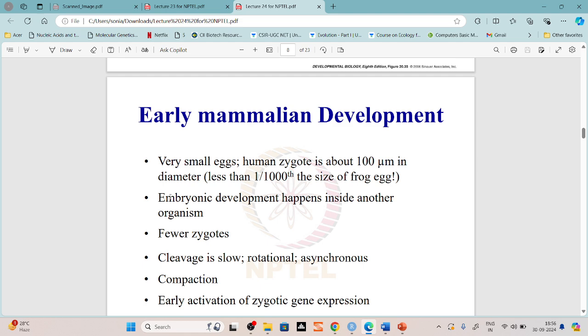In most of the cases we studied earlier, development happened outside after fertilization, but here development happens inside the organism, and only after the fully developed organism is formed does it come out of the body. After the baby is born, only the size of the already developed organs increases.